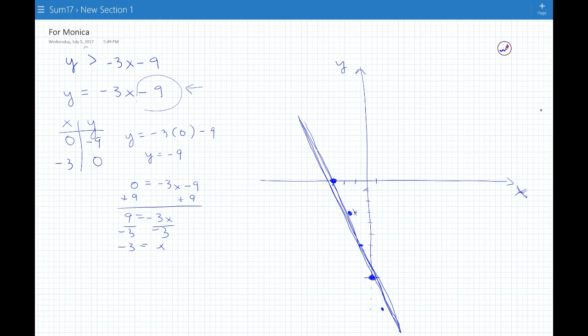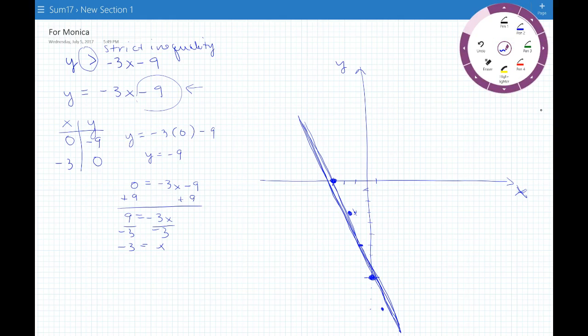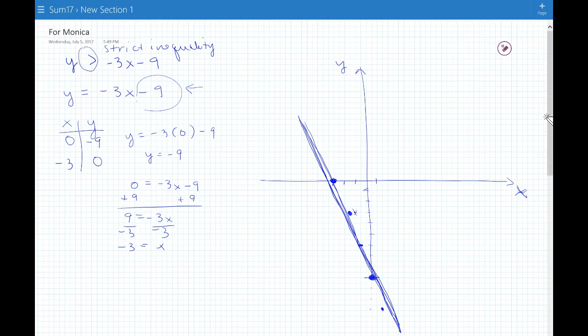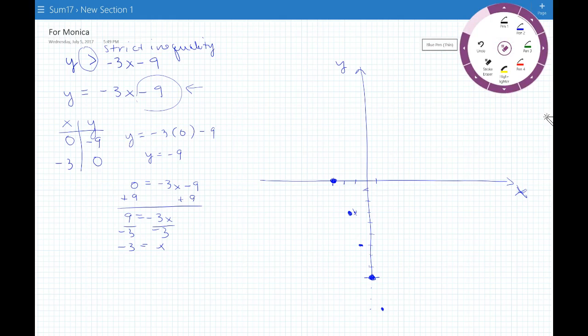Now, this is called a strict inequality. So in fact, we need to make this line dashed. One way to do that is to erase little pieces of it, or you can draw it dashed.